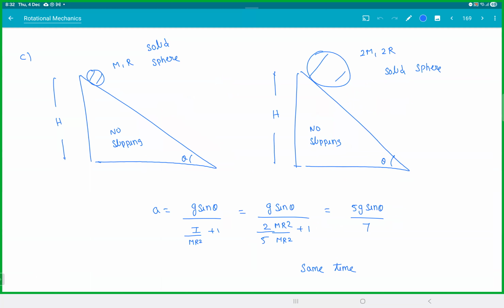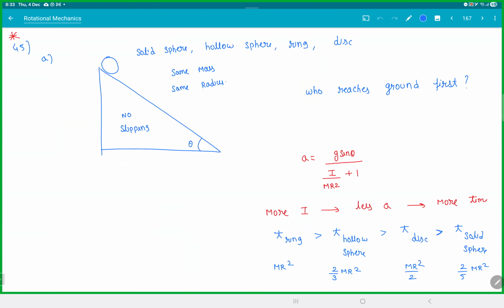The last thing that we did was the sphere problem. Before going ahead, let's do one more.